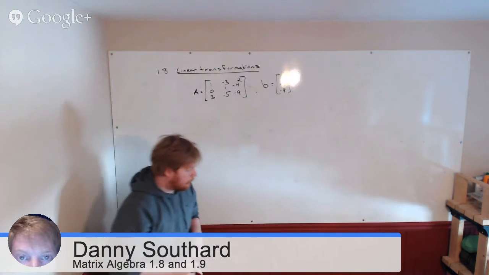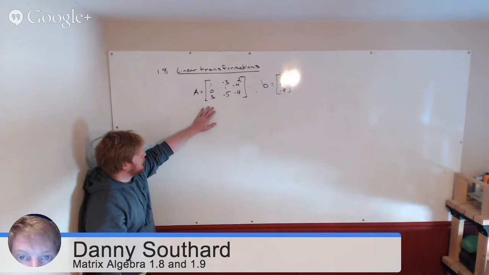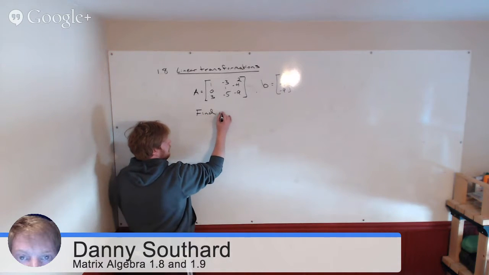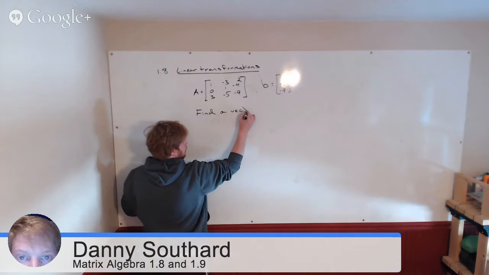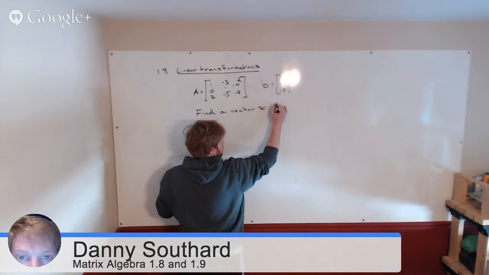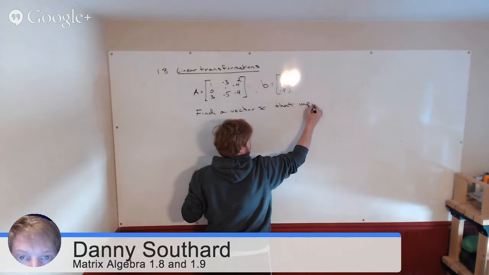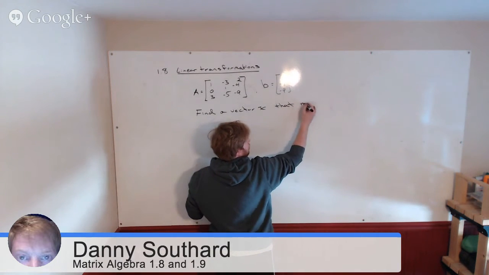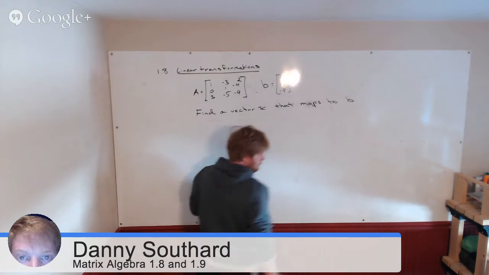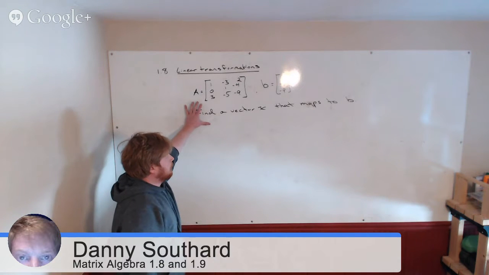My goal here is to find a vector x that maps to b. So we're looking for the x that will take me to b.